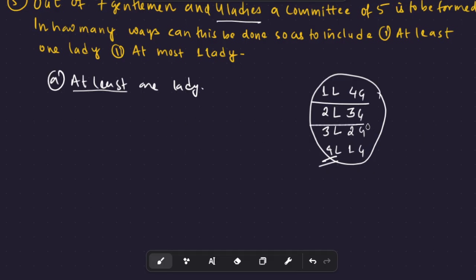So we need to calculate the total number of combinations of all these options. Okay, let's calculate it.